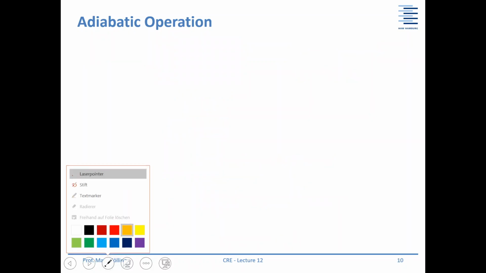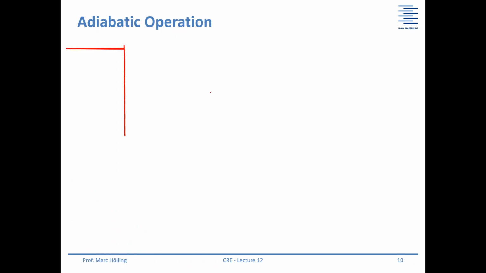If you want to plot it, then let's say here you have your temperature. Maybe here you have your inlet temperature, T0, and here you have your conversion, XA, going from 0 to 1.